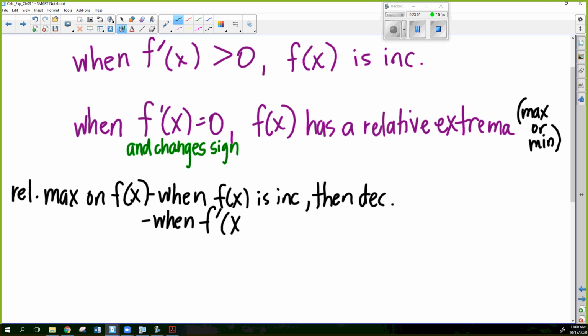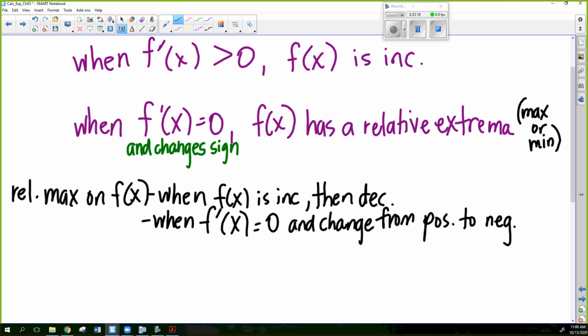It would be positive and then negative. So f prime of x would have to equal 0 and change from positive to negative. Do you see that connection?